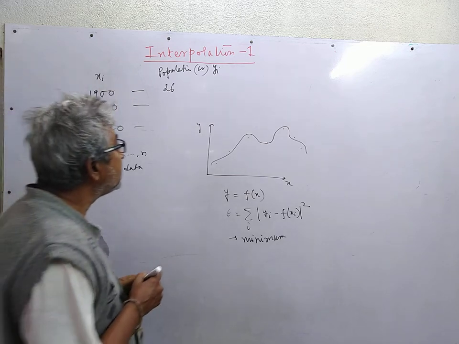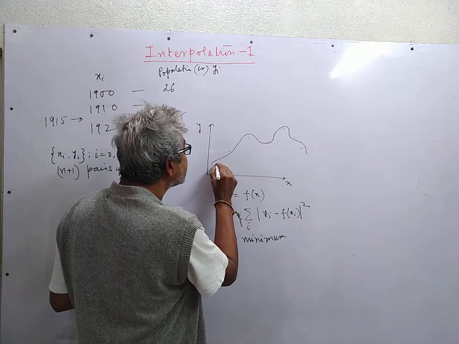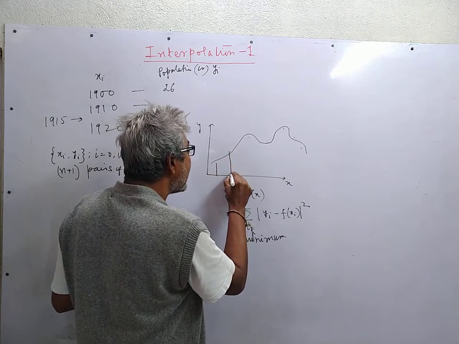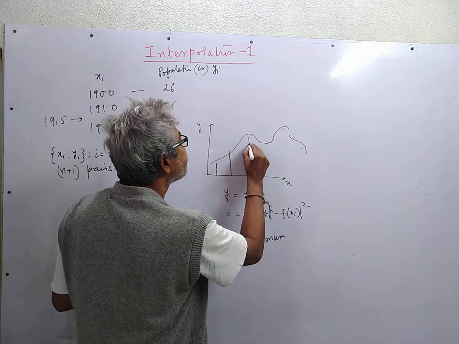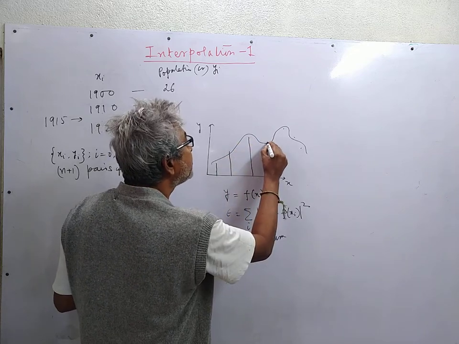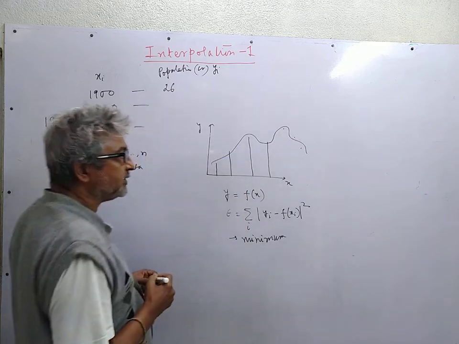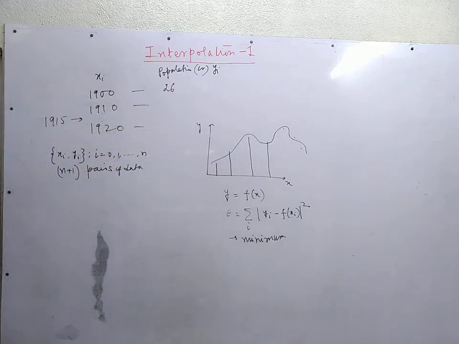That means in interpolation we fit the curve such that the supplied data are reproduced exactly, and in between the points the curve is approximated. So there is a difference between interpolation and curve fitting.